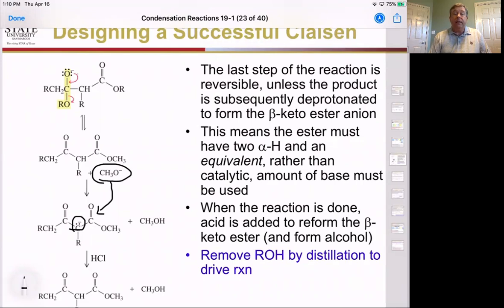When we generate that diketo anion, it is no longer nucleophilic because of the steric demand, and it stops the reaction there. By deprotonating that second alpha hydrogen here, we generate this anion and we can distill off the methanol. Once we're distilling off that methanol, it stops as this anion here, and then at the end of the reaction, we add acid to generate our dicarbonyl compound.